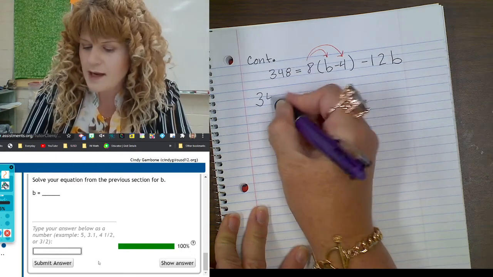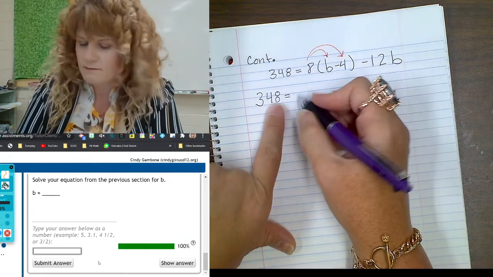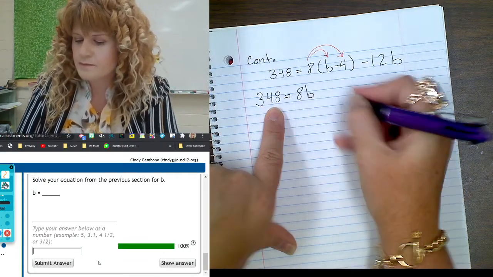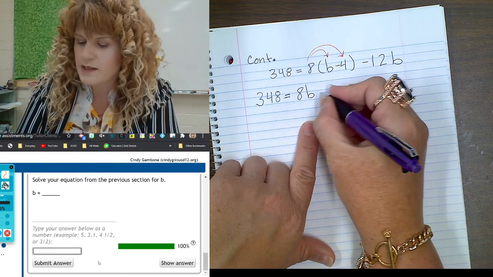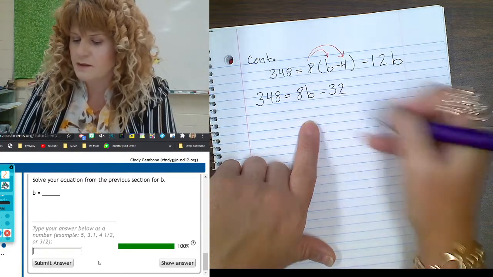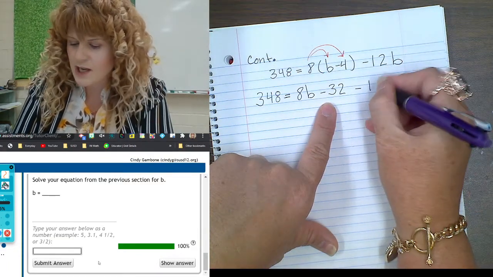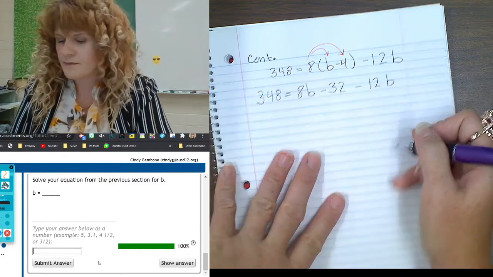So when I do that, I get 348 stays the same, equals 8 times b is 8b minus, because this is negative, 8 times 4 is 32, so minus 32. And then negative 12b, that didn't change. There you go. Step 1, eliminate parentheses.